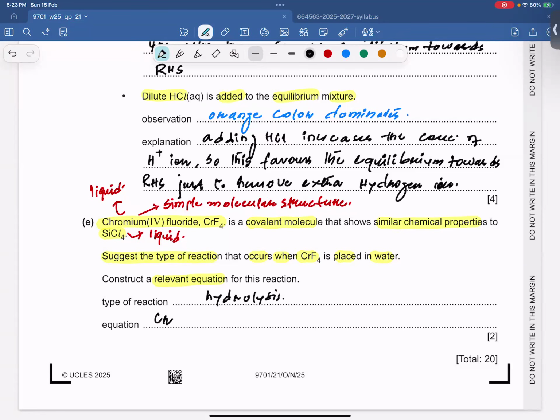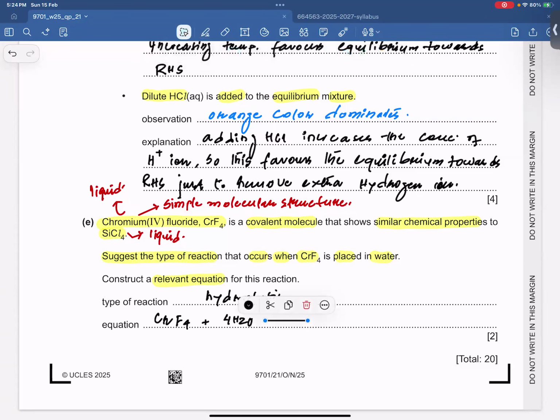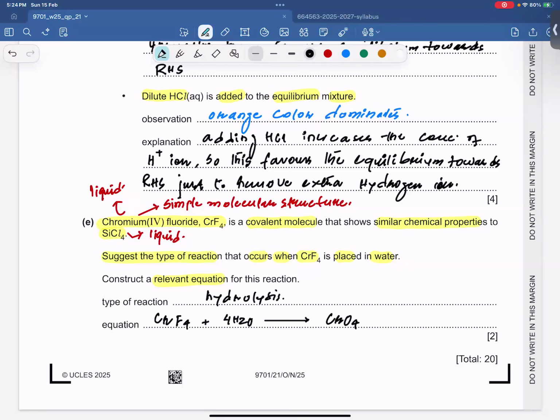Now, chromium 4 fluoride, when treated with 4 water molecules, it will turn to chromium 4 oxide, which is CrO2.